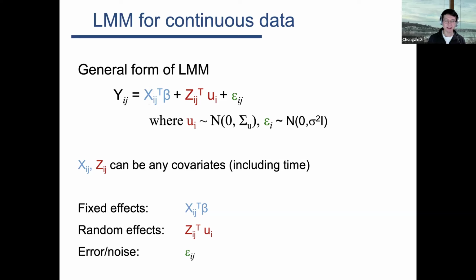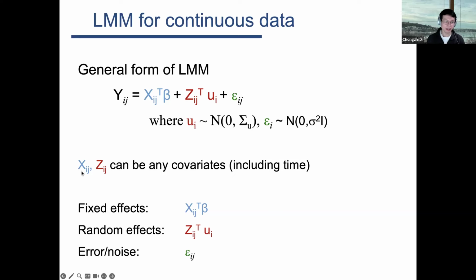But a different set of covariates, Zij, influence the outcome in a different way, because they influence it through random effects Ui. Ui are subject-specific random effects. It can be a scalar or a vector, meaning more than one random effect. In that case, we assume the Ui come from a multivariate normal distribution, and you have the residual epsilon ij.